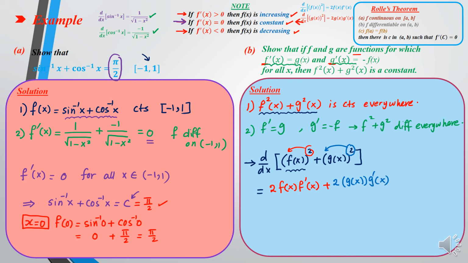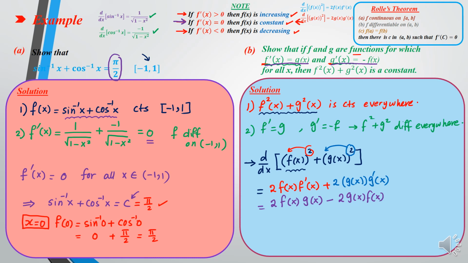Now from the question we have that f prime of x equals g of x. So we have 2 f of x multiplied by g of x plus 2 times g of x multiplied by g prime of x, and from the question g prime is negative f of x. So we have minus f of x.